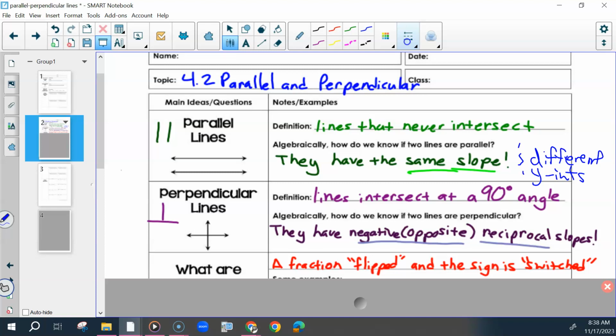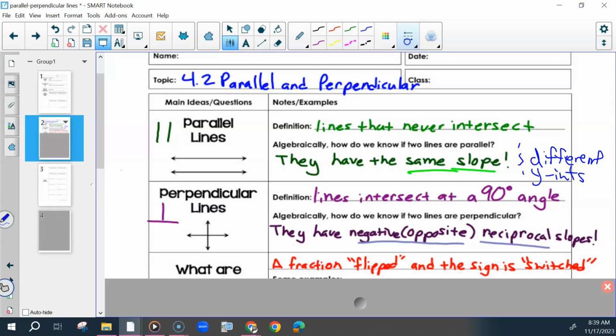For perpendicular lines, the definition, so we said it looks like they cross. The actual piece of that, they do need to cross, but they intersect at a 90-degree angle. You'll talk more about that in geometry, but they make a T, not an X. And algebraically, we know that two lines are perpendicular if they have negative or opposite reciprocal slopes.